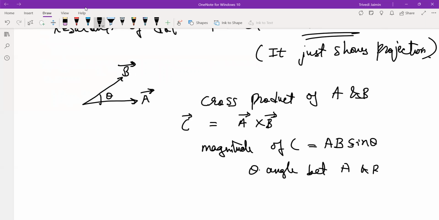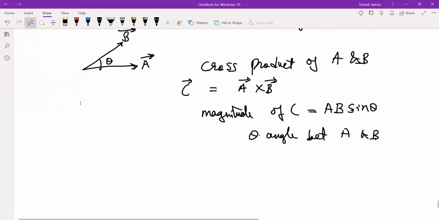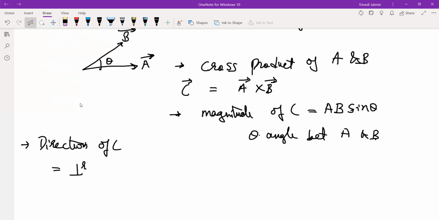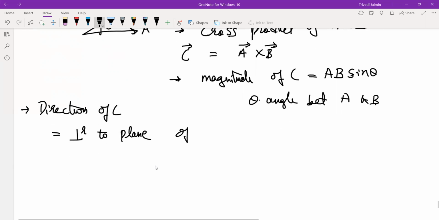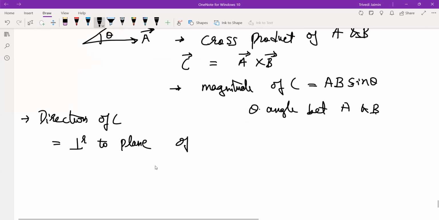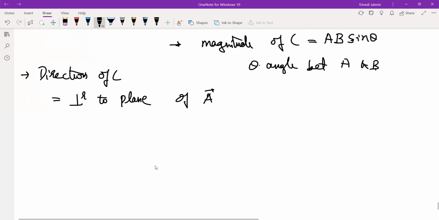Exactly, A and B. So now the direction of C will be perpendicular to the plane of A and B vectors.